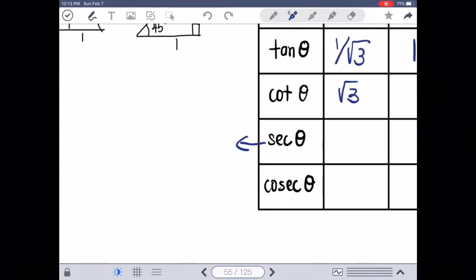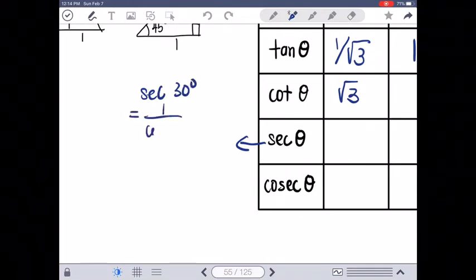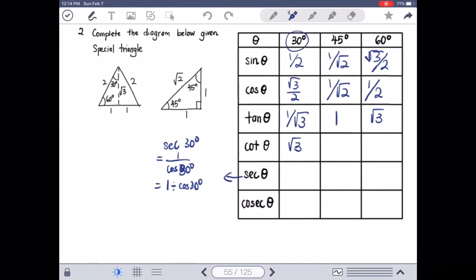Sec theta is equal to 1 over cos theta. So if we want to find sec 30 degrees, this is 1 over cos 30 degrees.